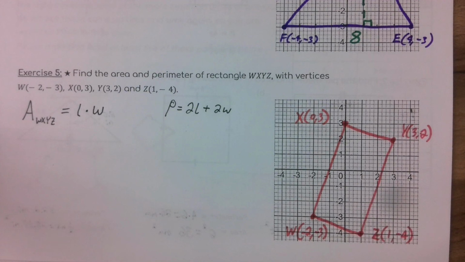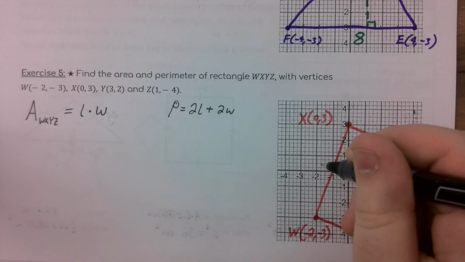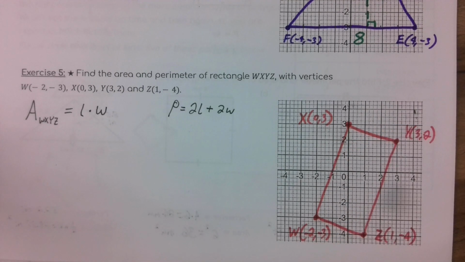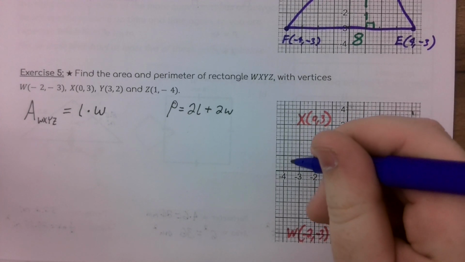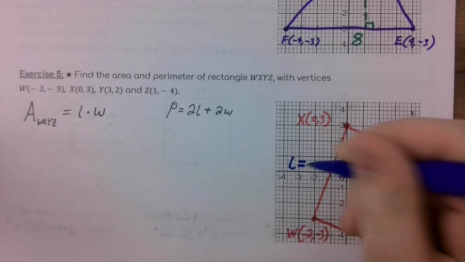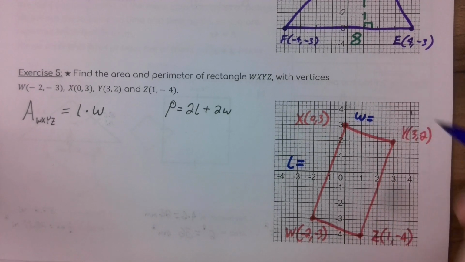So we only have two unknowns here. We need to find the length and the width. I'm going to say that WX is our length, and XY is our width. You could have done this with the other sides instead, but I'm doing it with those two.